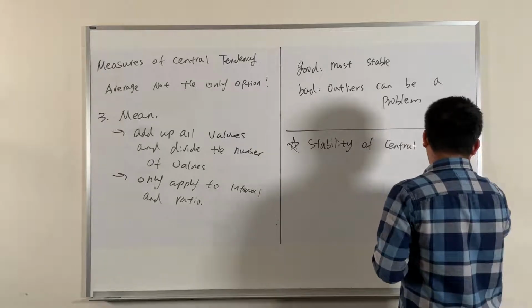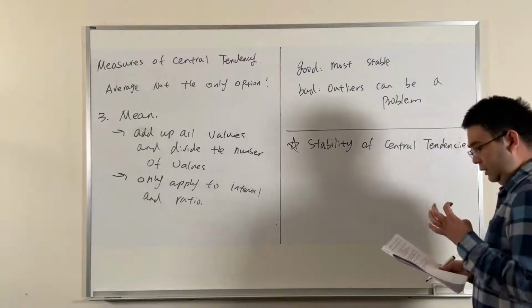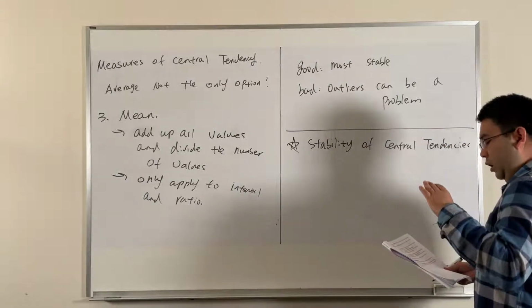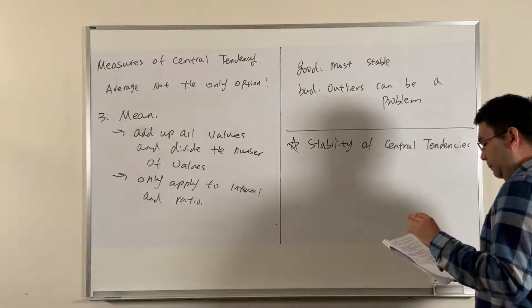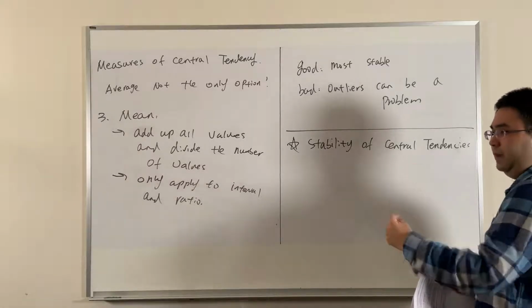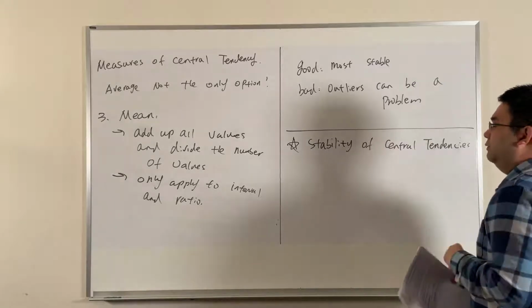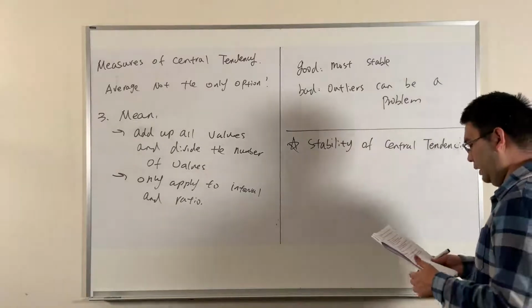Stability of central tendency means: are you able to apply what you conclude from this sample to a different sample, and the values are the same?